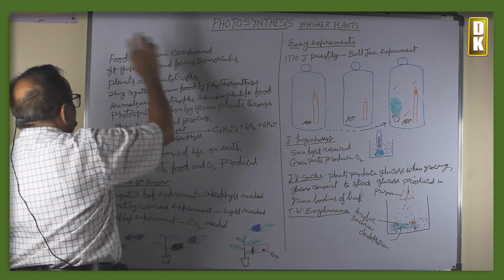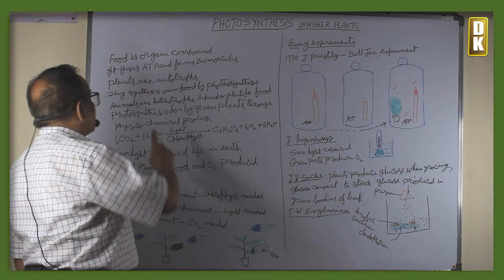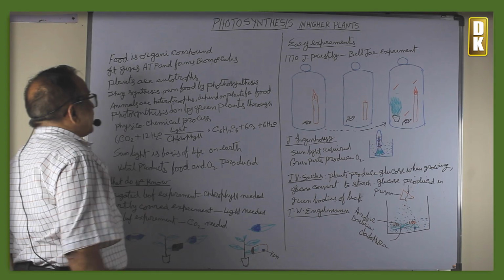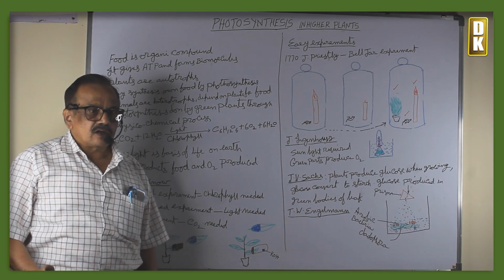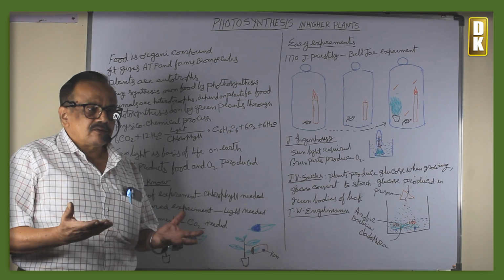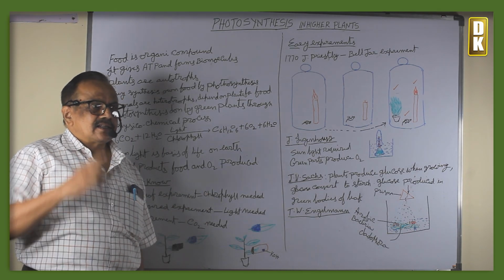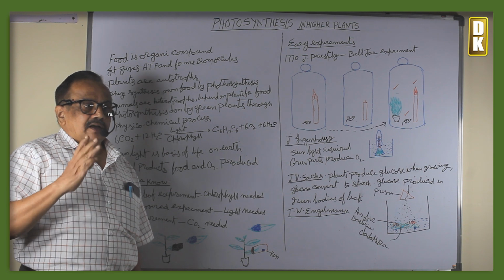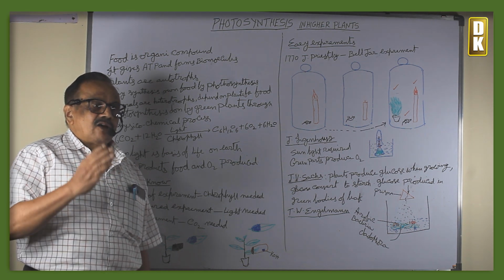When we take in such organic compounds, they give ATP and form biomolecules. If you go to the chapter on biomolecules, he has clearly written that all the carbon compounds present in living organisms are biomolecules.